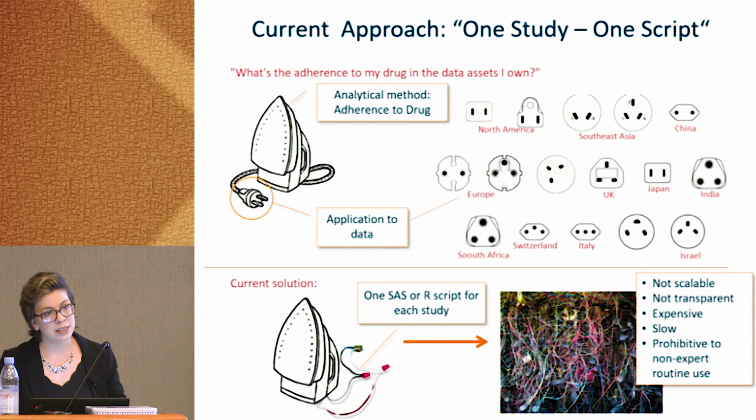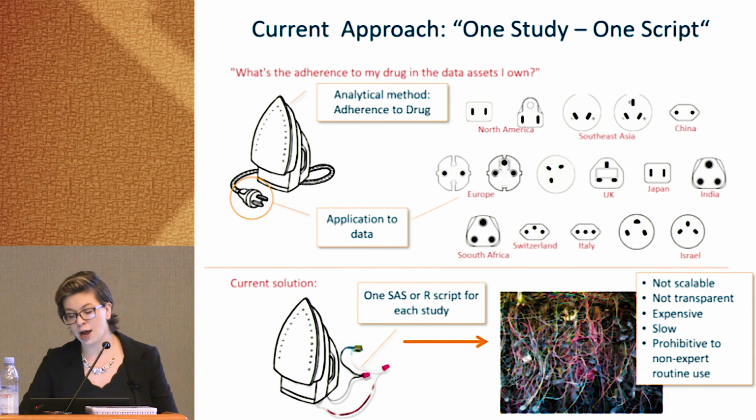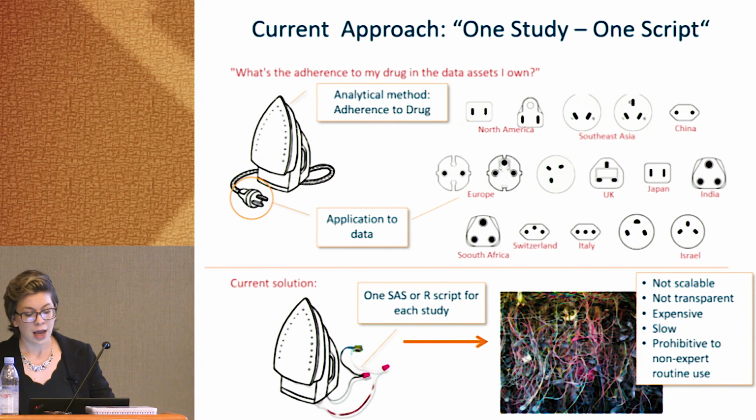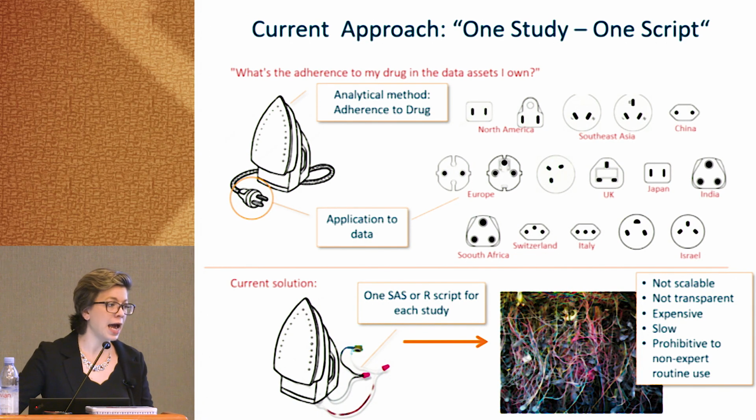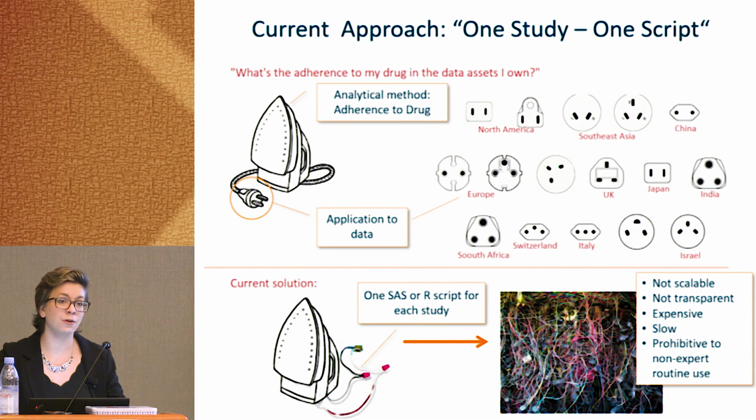That leaves us in a situation that's not scalable, not transparent, expensive, slow, and prohibitive to non-expert routine use. For example, I worked at Janssen in epidemiology before we had the CDM, and I considered us a pretty good epidemiology department, and the average study time was anywhere between 6 months to a year.